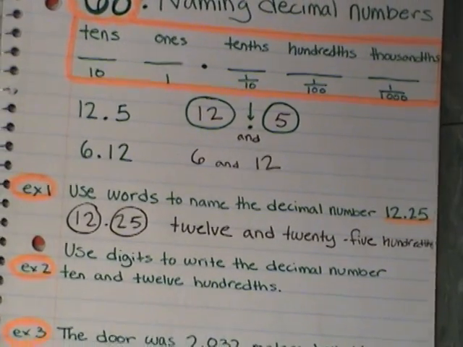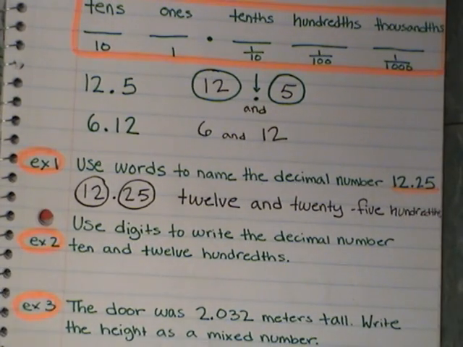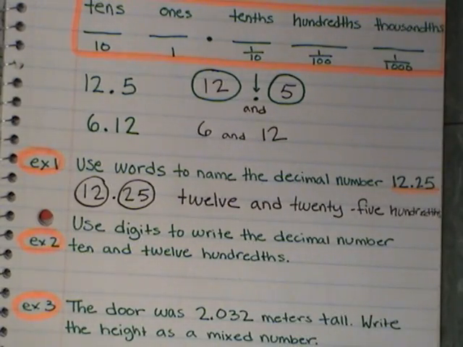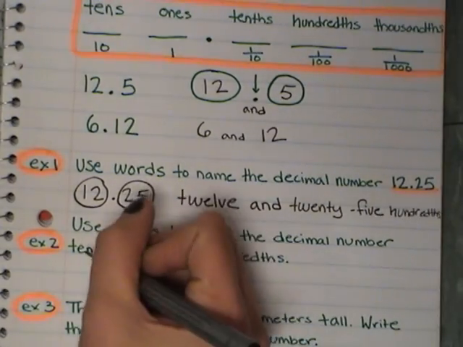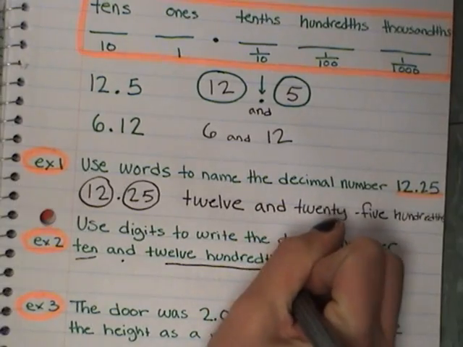Alright, go ahead and try example number 2. It says, use digits to write the decimal number 10 and 12 hundredths. So now we're taking our number, which is written out here, and it wants you to turn it into digits. Go ahead and try it yourself and see if you get the same thing that I do. Alright, so I break it down, and I have 10, my decimal, that's the and, and 12 hundredths.